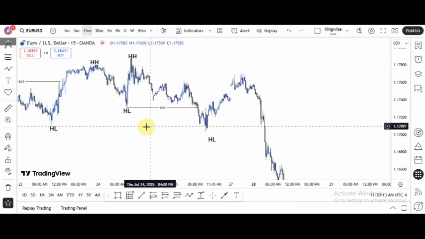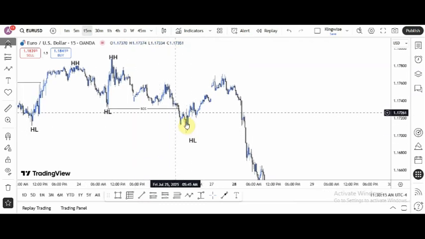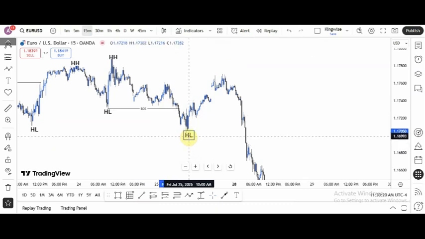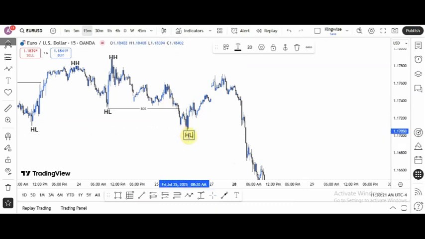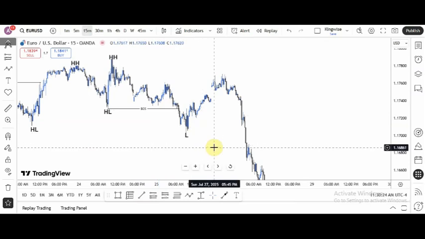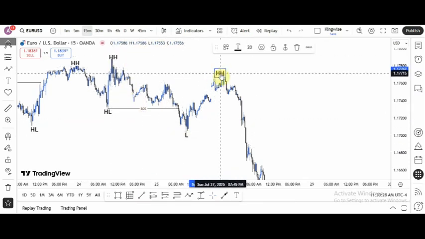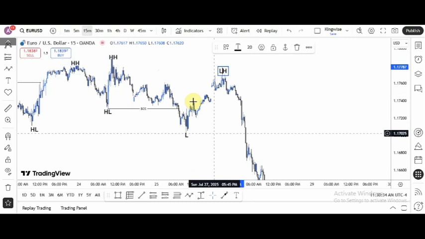Market wants to start what? Going lower. So you now start having lows. So this becomes your low and this becomes your high, a lower high, because it's lower than this high.